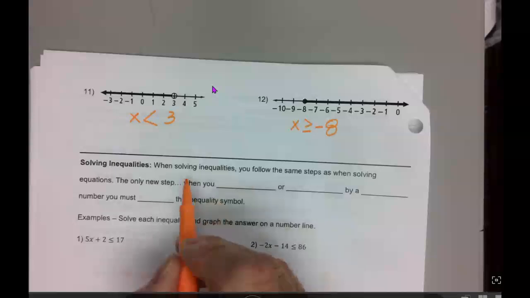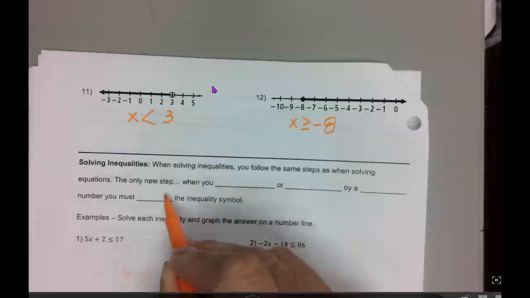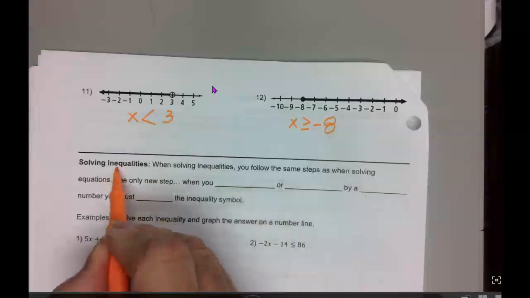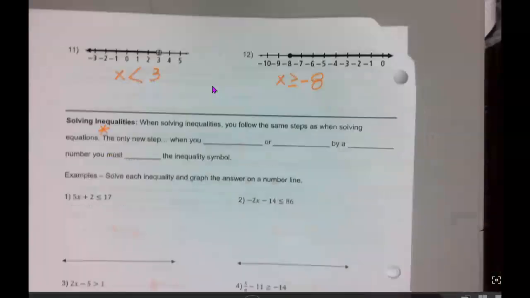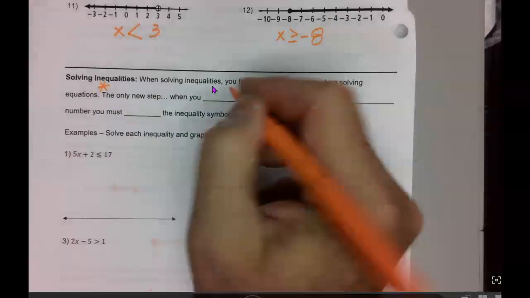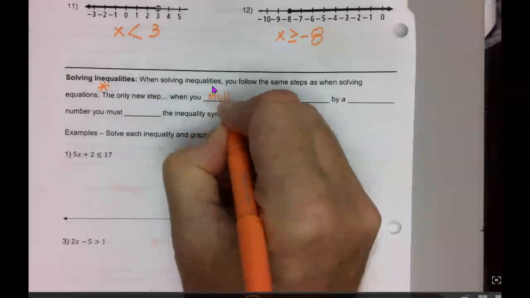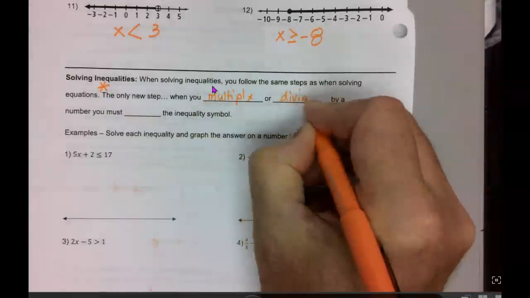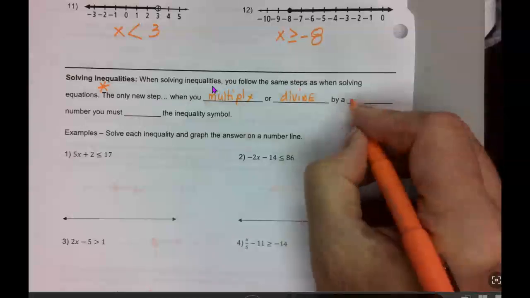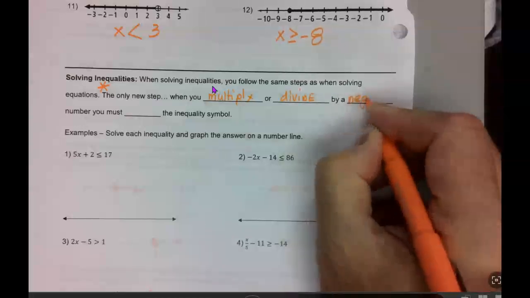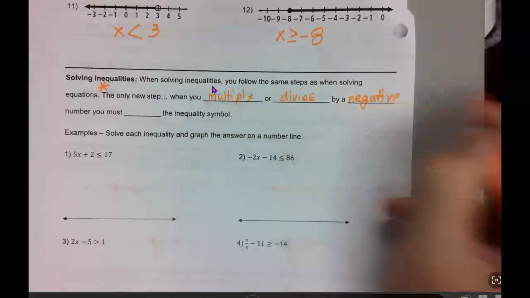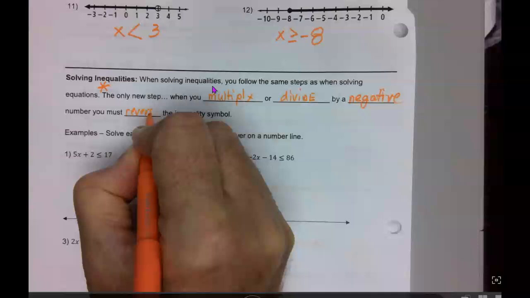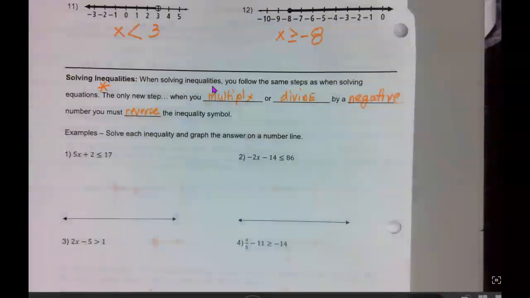Solving inequalities, you solve them the same way that you do equations, except for one little nuance. When you multiply or divide by a negative number, you must reverse the inequality symbol.